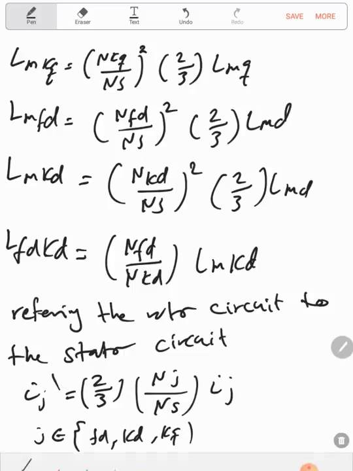And dash here means that the current is referred to the stator circuit. Now you know that referring should not change the power balance, so simply this means that Vj dash must equal Ns over Nj multiplied by Vj.